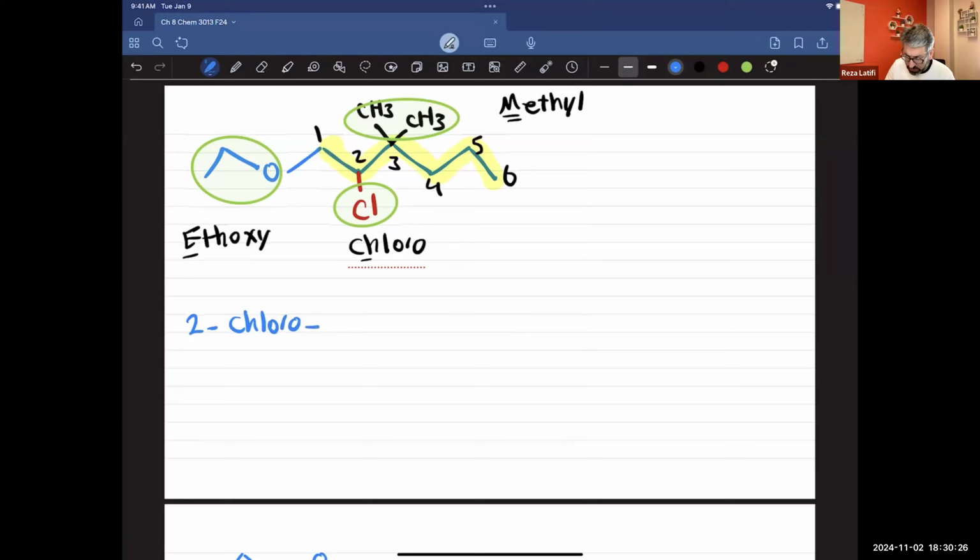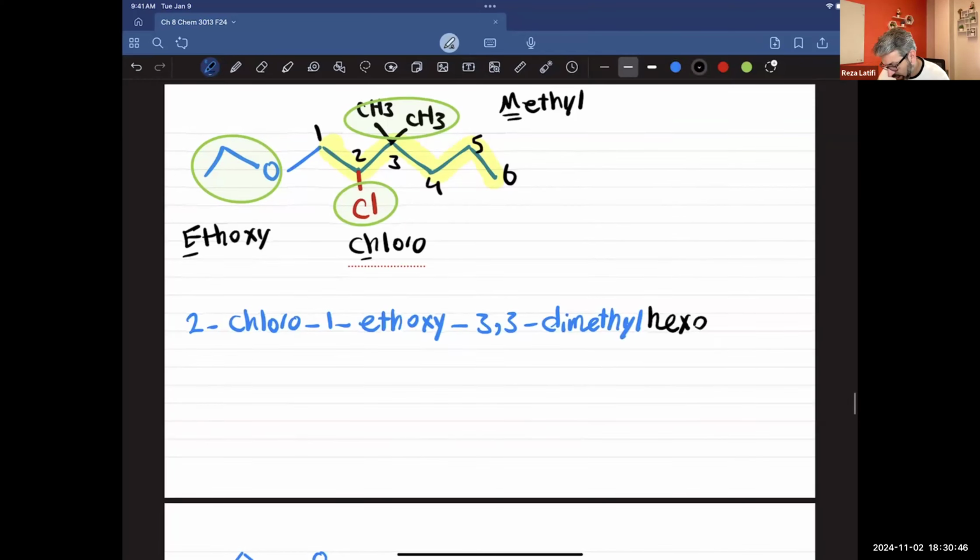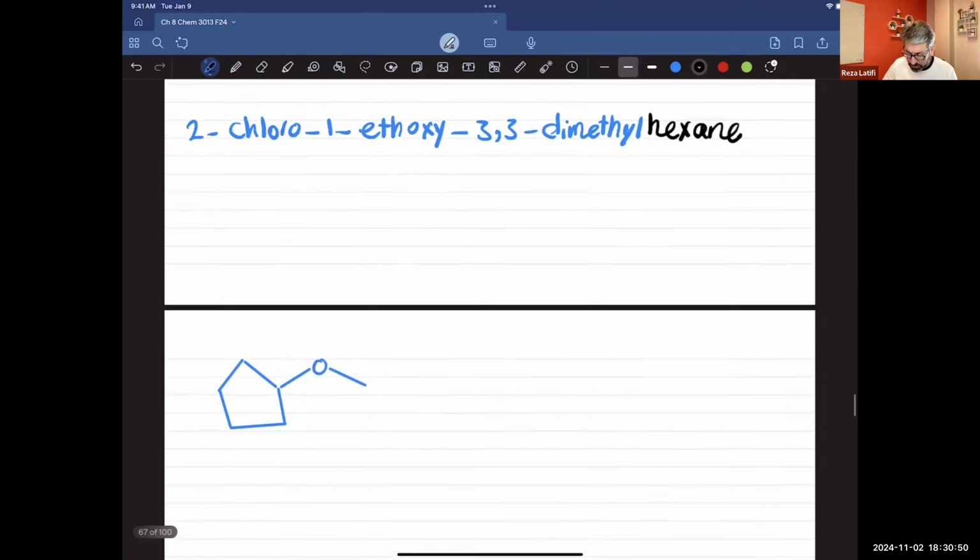Next, on the first carbon, we have ethoxy, so we say 1-ethoxy. Next, on the third carbon, we have 2 methyls, so I say 3,3-dimethyl. And then we have 6 carbons, so it will be hexane. That's going to be the correct name for it.